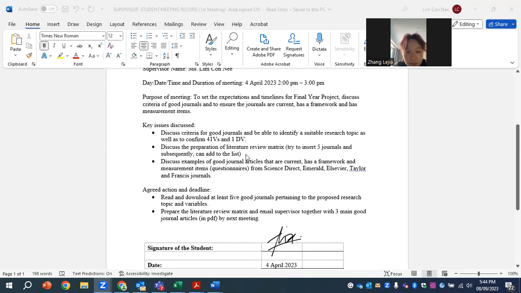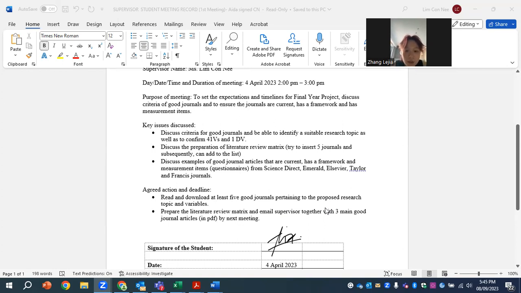Then you need to document your journals in the Excel sheet. The key points, look at the subheading on top. Find the journals from good journal sources, such as Emerald, Science Direct, all that. The deadline is to prepare the matrix by next week, Wednesday, because Thursday we are meeting.